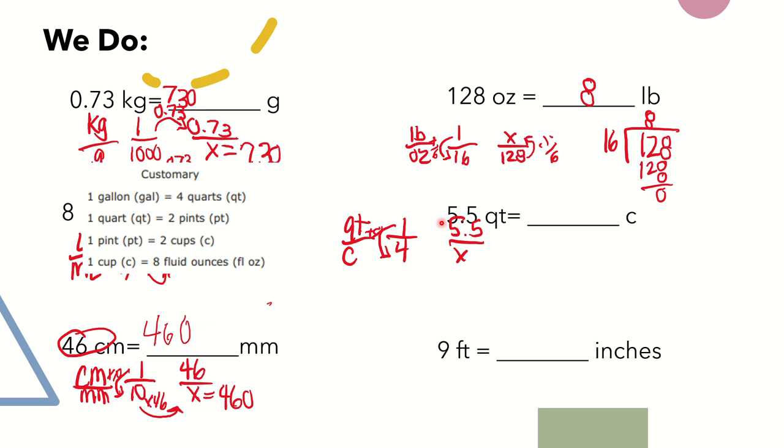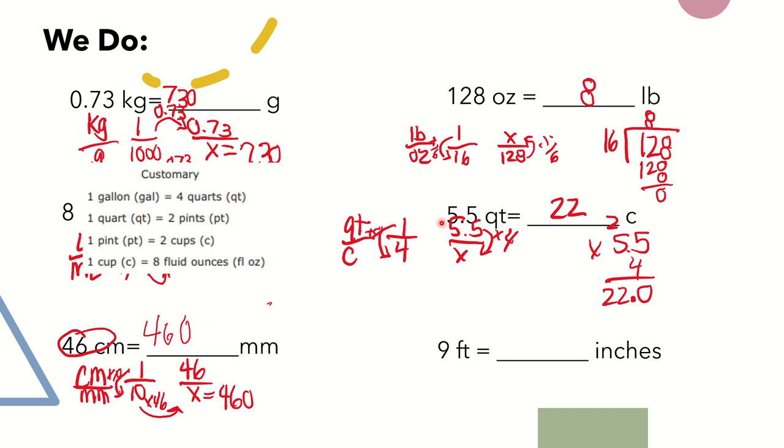So I can go 5.5 times 4. Let's do the math. That's 20, 20, 22, and then bring my decimal over. So in this case, we know that 5.5 quarts is equal to 22 cups.